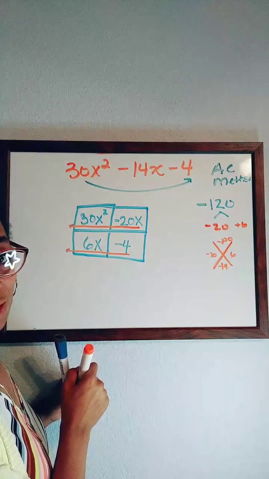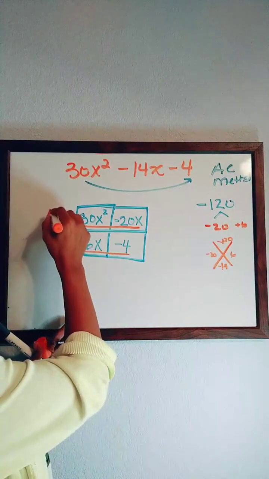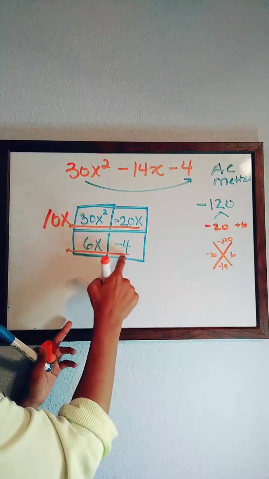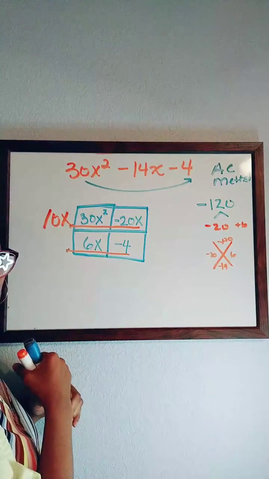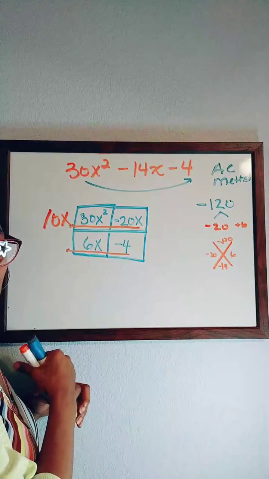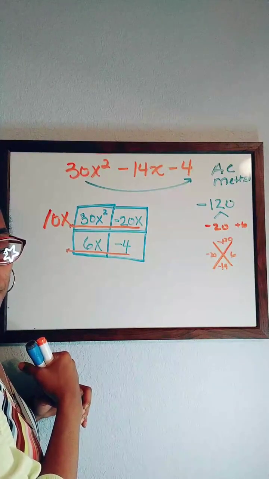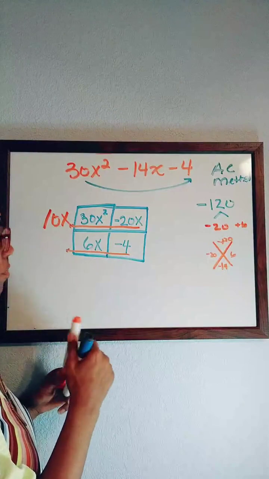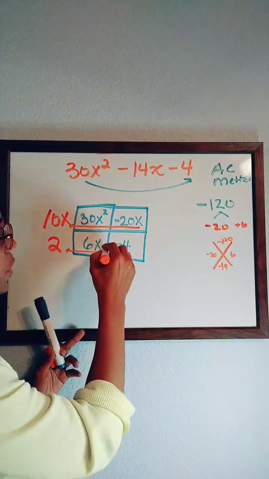It can be kind of tedious. 10x. Very good. So I put 10x here. And what's the GCF for 6x and -4? Very good. What's the GCF for 6x and 4? 2. Okay. Now, since I got these that way, I'm going to go this way.